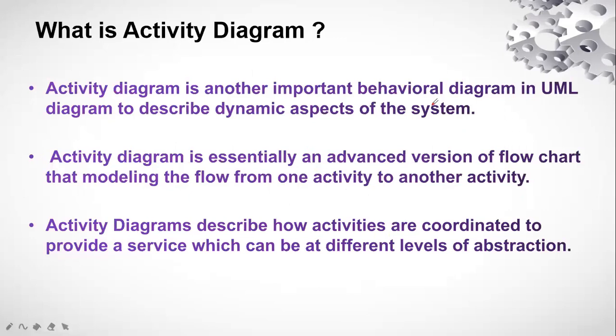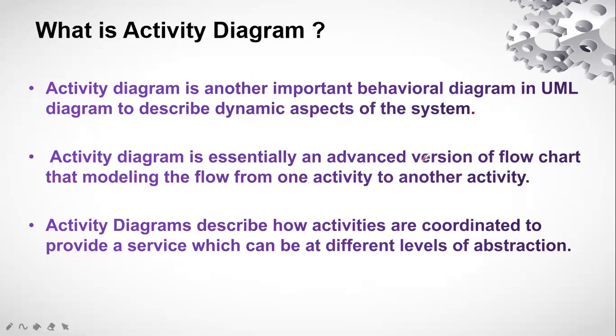So it is an important behavioral diagram in UML to describe the dynamic aspects of the system. That means, see, whenever there is a particular sequence or flow of activities or actions, actions are going to change according to the time. They are not going to remain the same, right?